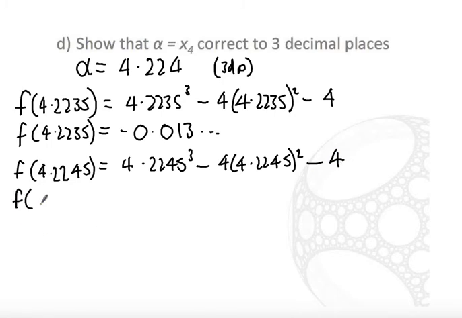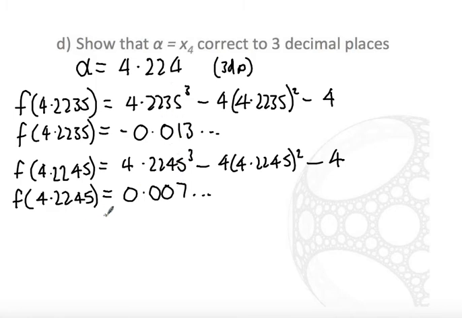And if I stick that into my calculator carefully and evaluate that, what we come out with as an answer is 0.007. There are some other digits, but really we're just interested in the positive and negative. So what I've shown here is that for the upper bound and lower bound for this value that we've rounded to here, there's a change of sign.